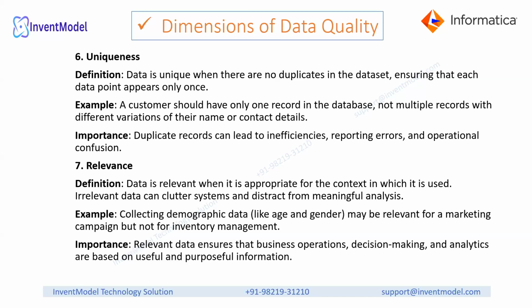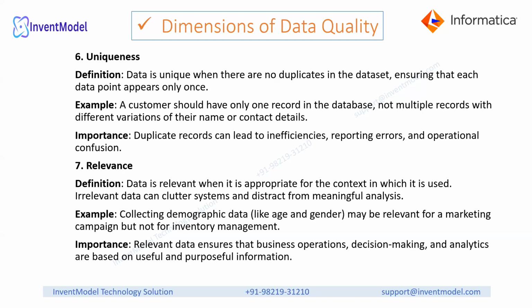Relevance. Data is relevant when it is appropriate for the context in which it is used. Irrelevant data can clutter systems and distract from meaningful analysis. For example, collecting demographic data like age and gender may be relevant for a marketing campaign, but not for inventory management.